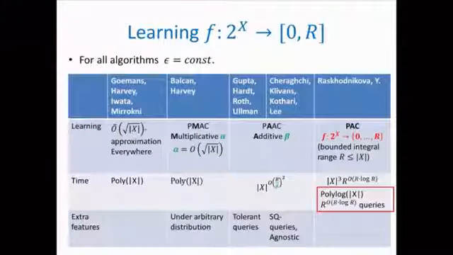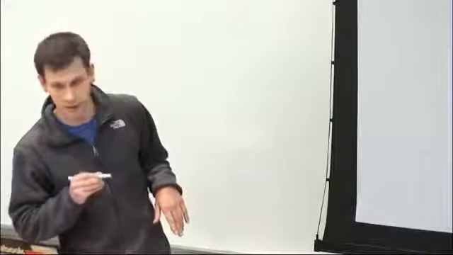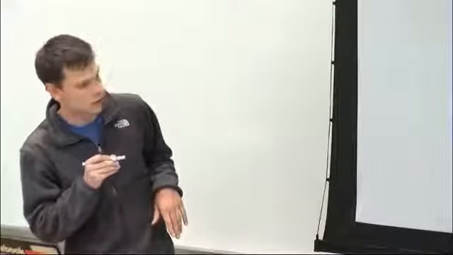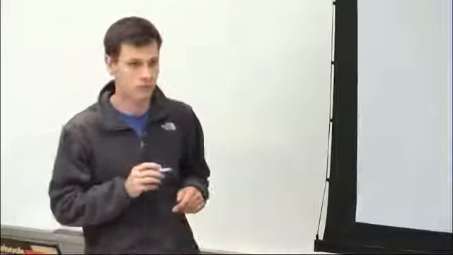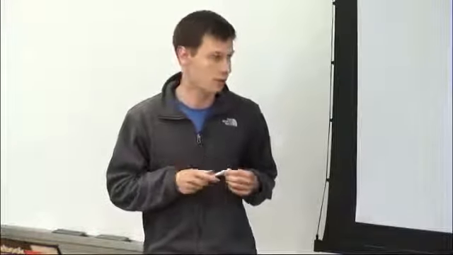It's not polynomial in x, but rather polylogarithmic times this function of r. So this would be the query complexity of this PAC learning algorithm. The main dependence here is on R.